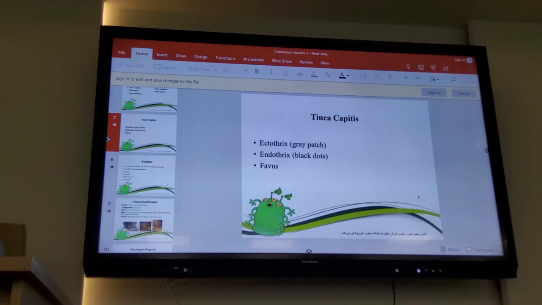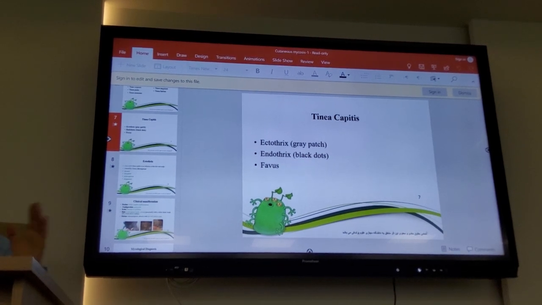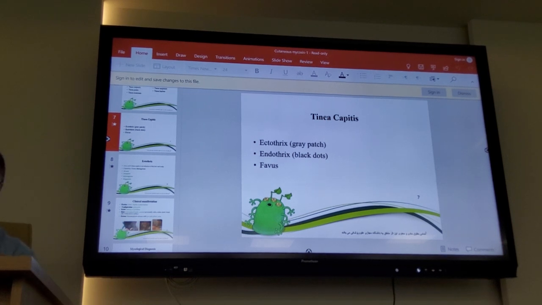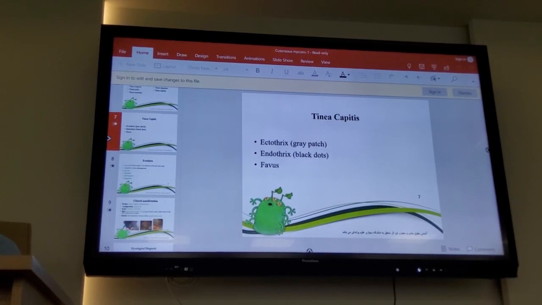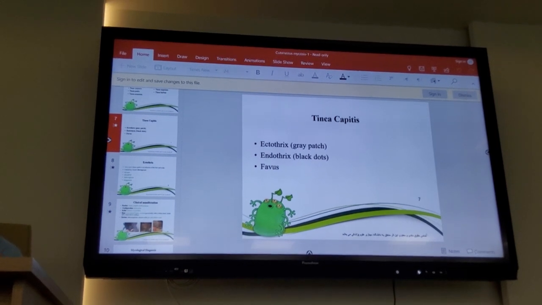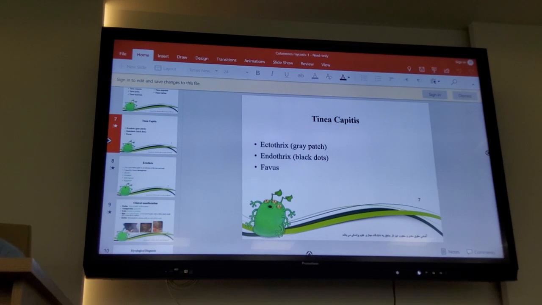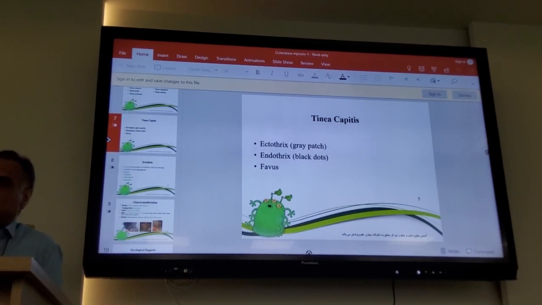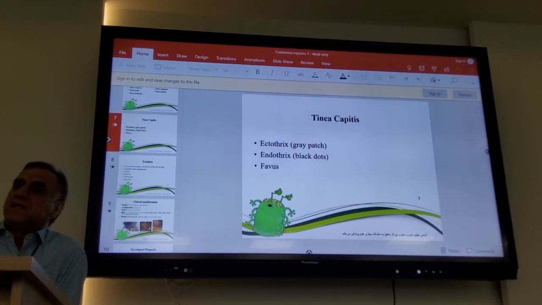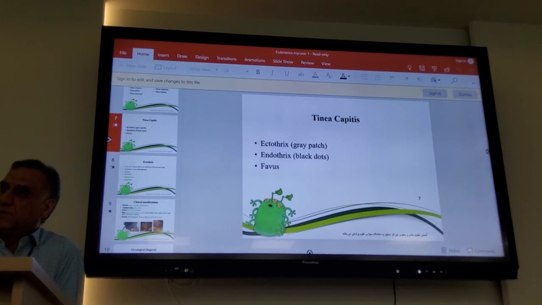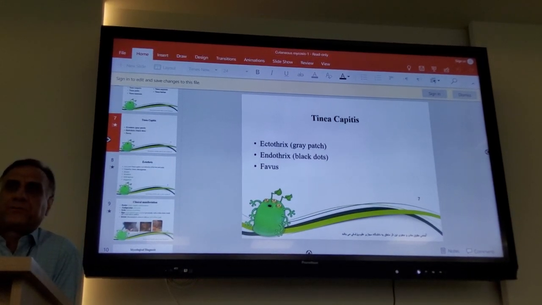And in favus, you have many clinical signs: scaling, erythema, abscess, crusting, and inflammation of skin. Many clinical signs you may find in favus type of dermatophytosis.